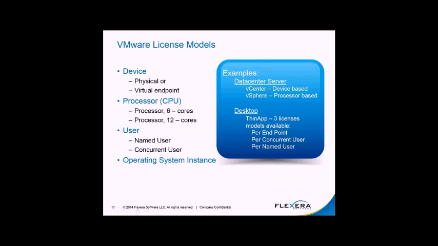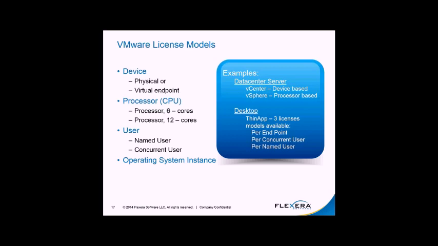And then there are a series of licensing models as well. Within the VMware blade, and this is effectively the VMware PURL, you have these licensing models held in there. You have either physical, so the number of devices, or potentially the number of virtual desktops or virtual endpoints.